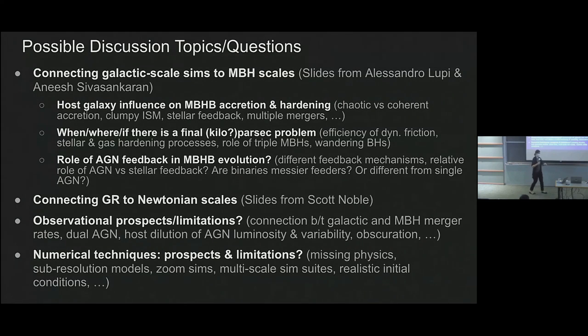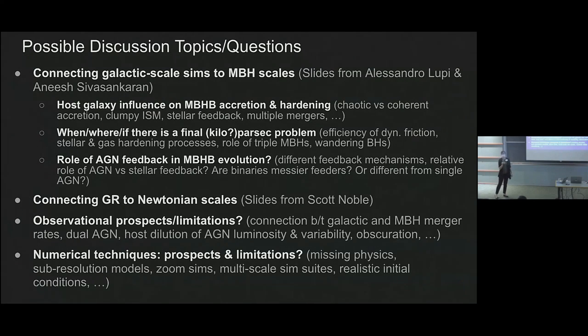So this is just to give you the overview of what we were thinking about covering. We broke this down into connecting galactic scale simulations to black hole scales, which has many components. We'll have a couple slides on that, but this involves things like host galaxy, how they influence black hole accretion and hardening, when and if there is a final parsec problem or a final kiloparsec problem.